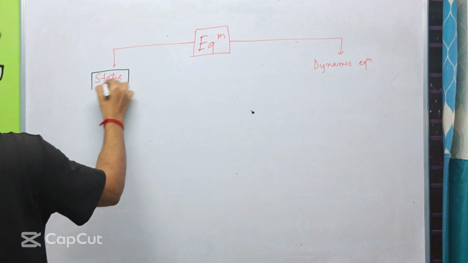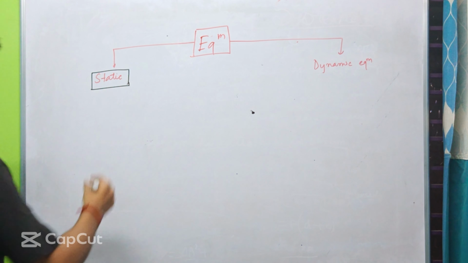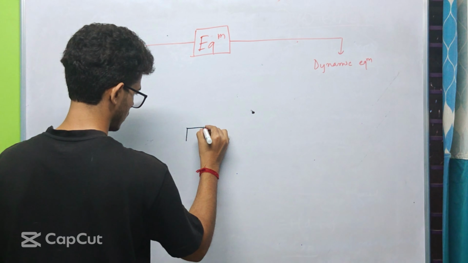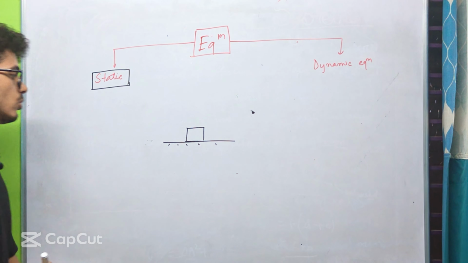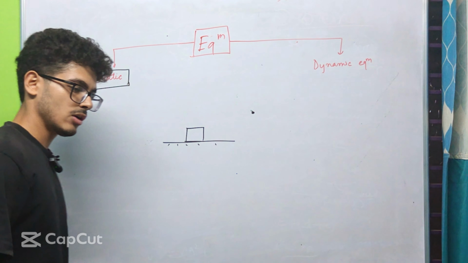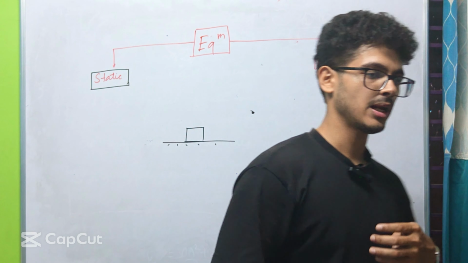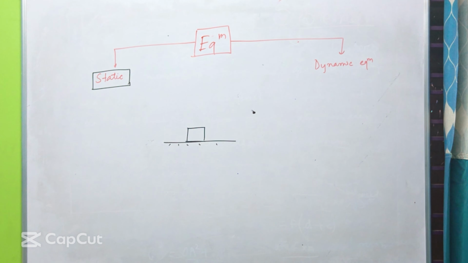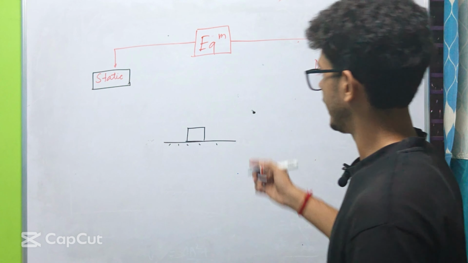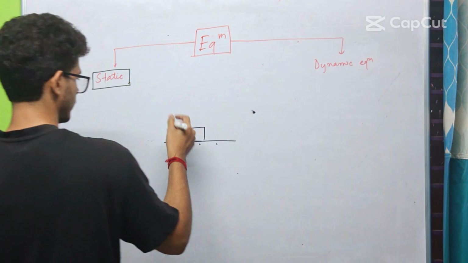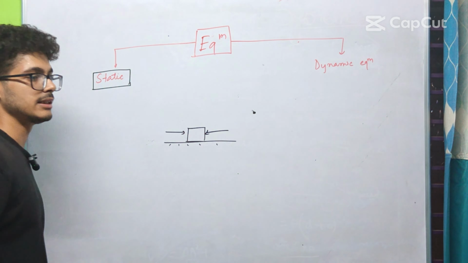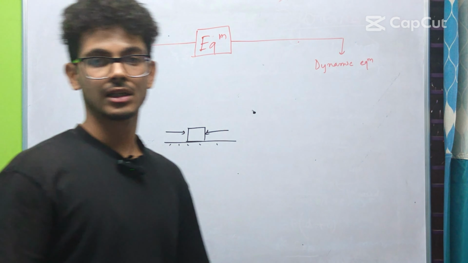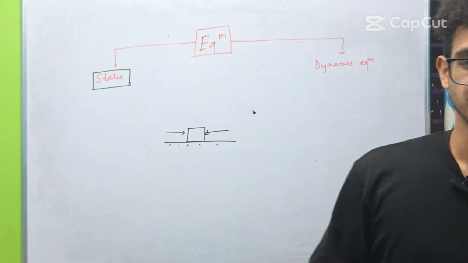You all know the meaning of the word static, that means it is at rest, not in a moving state. So in this case, if we apply multiple forces on the body and in result it retains the state of its rest, then we call it that the body has attained static equilibrium.